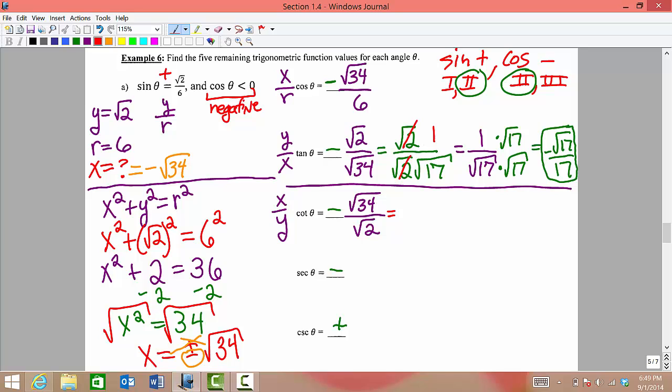That would be square root of 2 times the square root of 17, so we can rewrite square root of 34. And then on the bottom we have the square root of 2, and our square roots of 2 can cancel. Those are common factors. We end up with 1 as our denominator, so our final answer is really negative square root of 17, and we don't need the divided by 1 part.